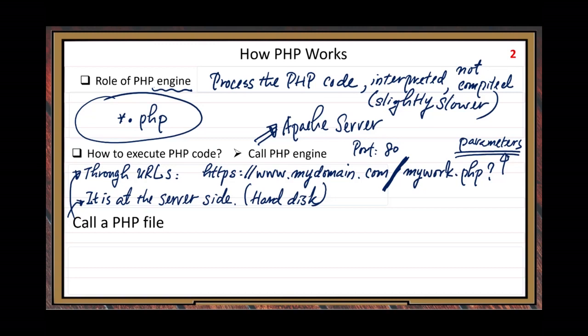For example, slash folder1 slash folder2 slash my.php. Sometimes you can have many levels of folder structure in the URL. If you want to pass parameters, you can, but you do not need to.